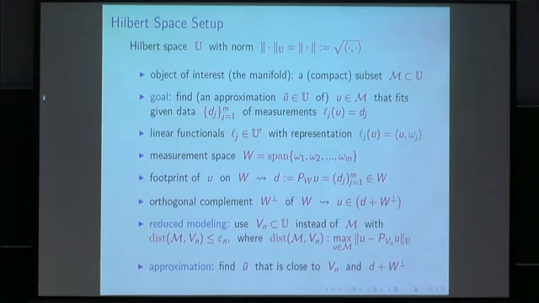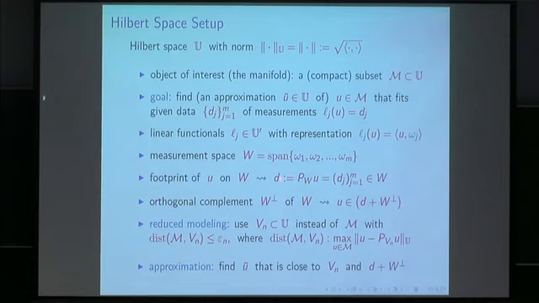So we have a Hilbert space set up. Our goal is to find a solution which has the same data, and the data is given via some functionals which have their representers in U. We have the measurement space, and the data is considered as a point in this measurement space.